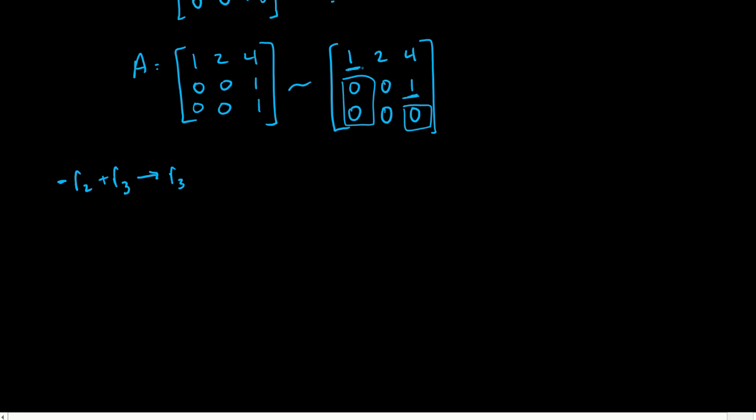So we can see this little step-down nature with our leading entries, which is what we wanted. Okay. We are now finally in echelon form of A. So in the next video, we'll go ahead and go from echelon form to reduced echelon form.